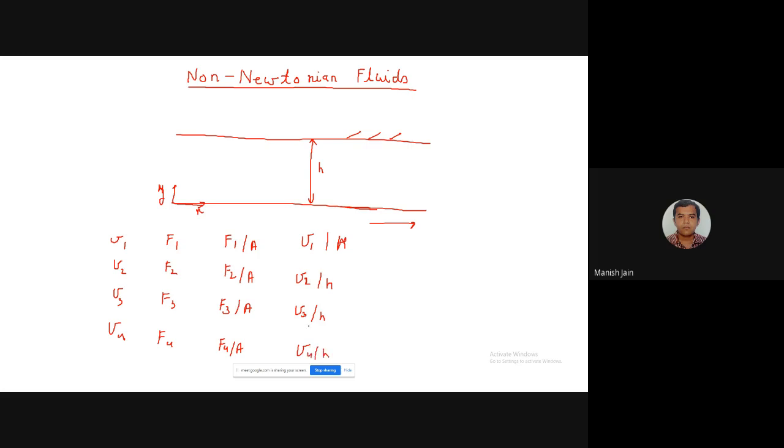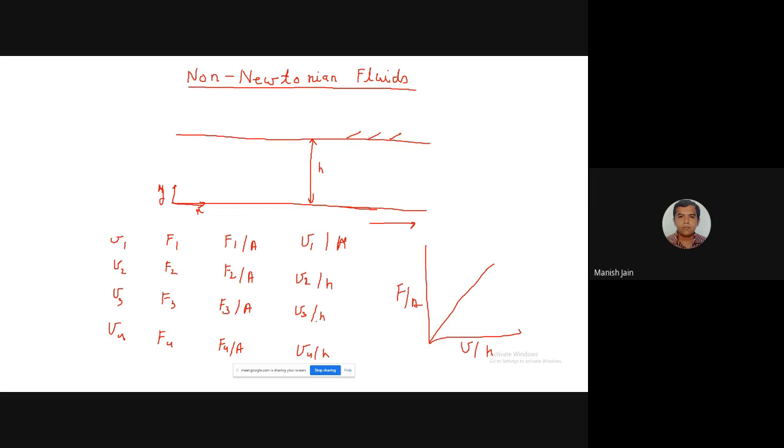Once you get these values, just plot F by A versus V by H. For most fluids, you will get a straight line.